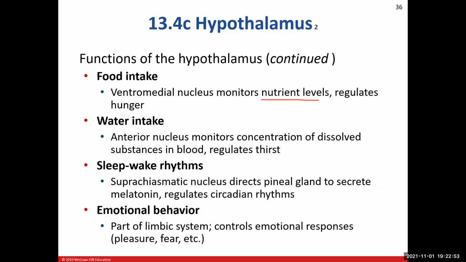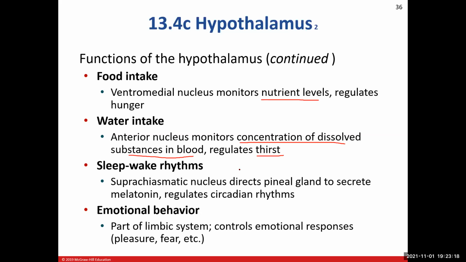It'll also monitor the concentration of dissolved substances in your bloodstream. If it sees quite a large amount of dissolved substances, it says, hey, you're thirsty, you need to drink more water, and we'll dilute out those dissolved substances. So it's going to regulate thirst.